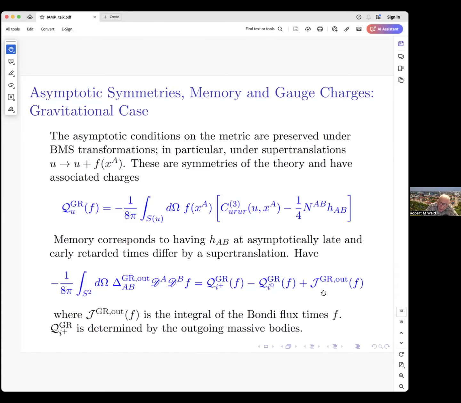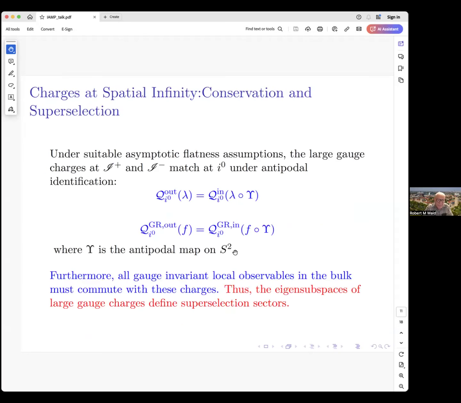But now we will have, even if we don't have any matter at all, just from the gravity itself, we'll get a contribution of the Bondi flux to this formula.